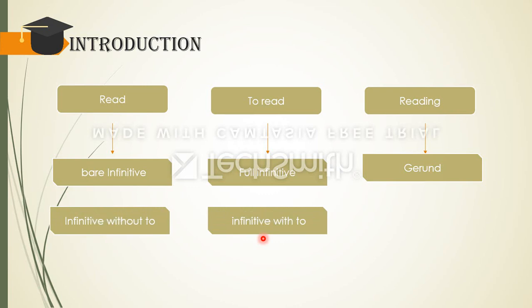We can also have to plus the verb, called the full infinitive, or the infinitive with to. And then we can have the verb plus ing, and this is called the gerund.